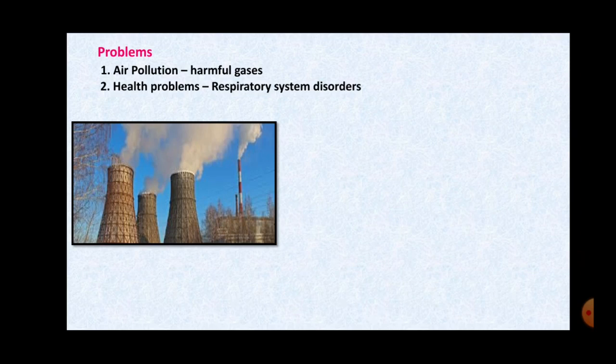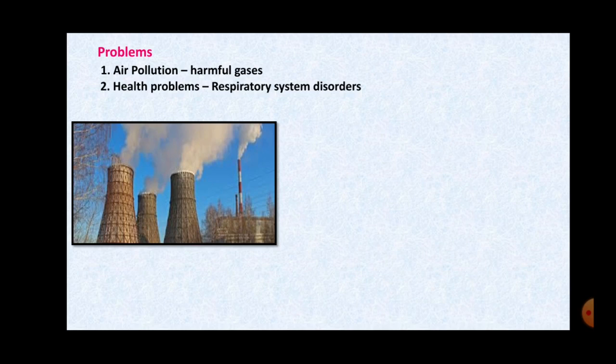Because it is not only the gases which are given out, even the carbon soot particles, the black, very minute, unburned carbon particles, are also released from the chimneys. And if you remember, we had studied that these carbon particles, when they fall on the leaves of the plants, close the stomatas of the leaves, right?